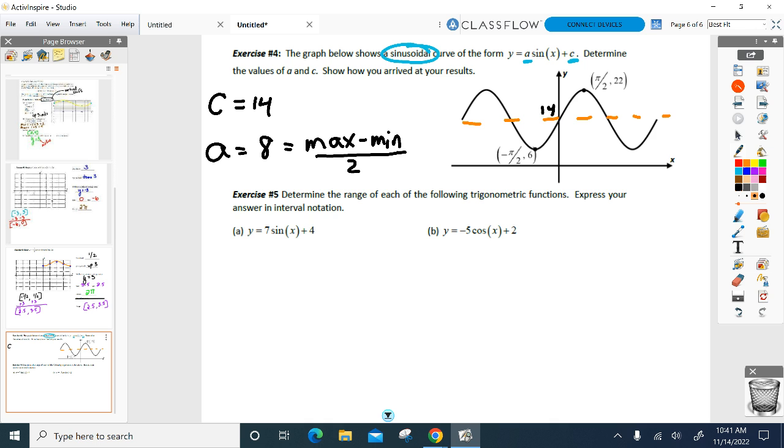And then your C value, we're going to take the max, but now we're going to add it to the minimum and divide by 2. Which is, I think, what a lot of you did on your calculator to get 14. So anytime you need to find the A or the C value, there are the two formulas you can reference.